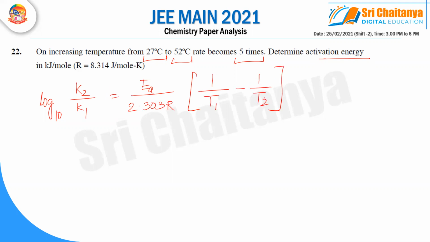Now, what is T1? T1 is the lower temperature, that is 300 Kelvin. And what is T2? T2 is 52 degrees centigrade, that is 325 Kelvin.